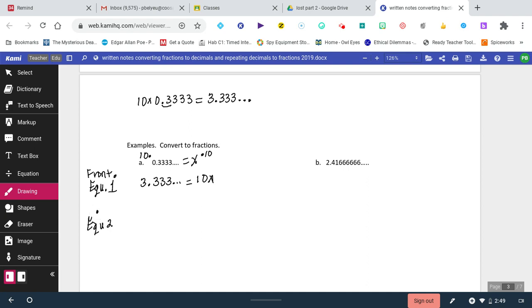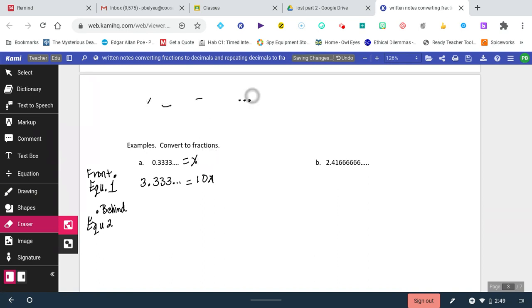I need to get the repeating part behind the decimal. Behind the decimal, okay? All right, so now I can erase what I've written. Let me erase that power of 10. I don't need that because that power of 10 was for my first equation. Now I'm on the second equation.